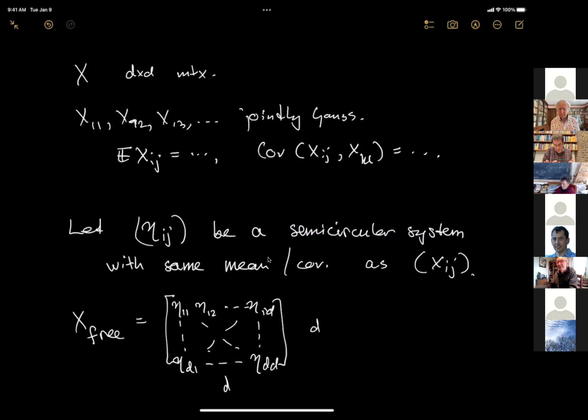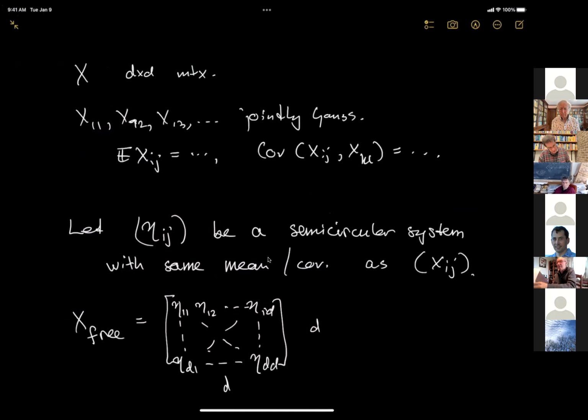And it's a very explicit construction if you know what a semicircular system is, and otherwise it's something one can look up. But let me emphasize, this is a construction from free probability that is known, but the kind of equations that one uses to compute the spectrum of these objects are also very well known in mathematical physics.